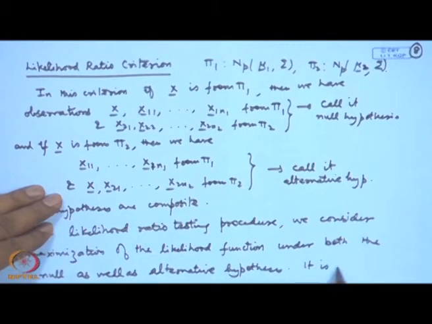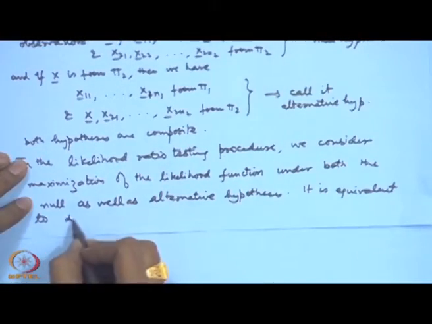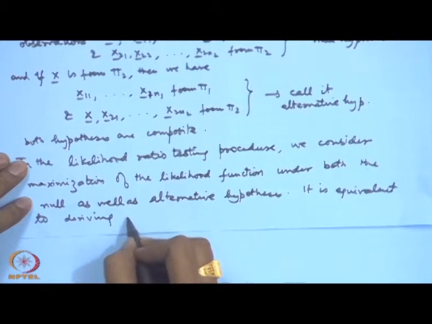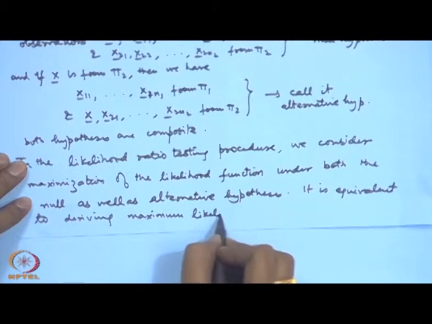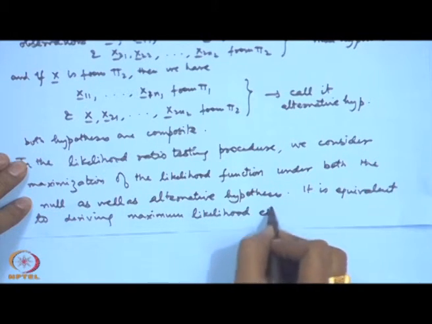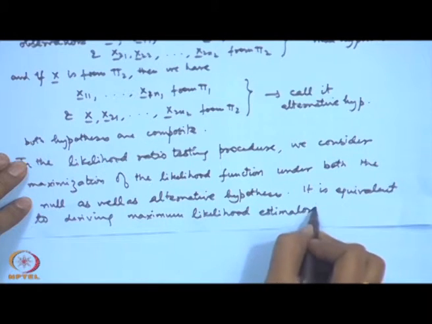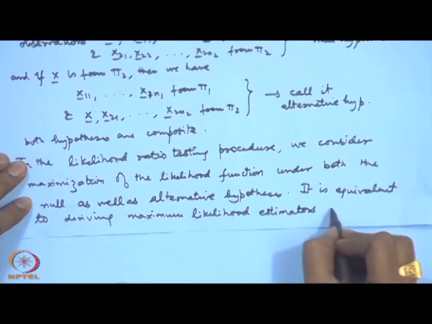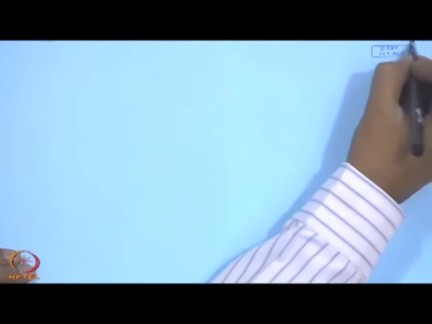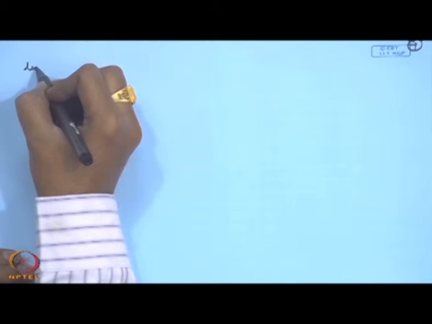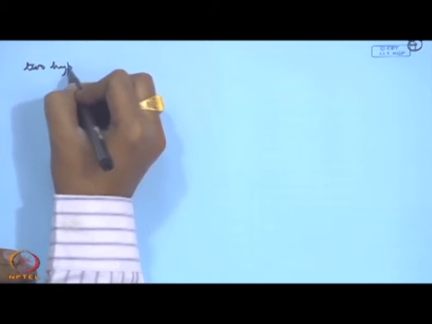It is equivalent to finding maximum likelihood estimators under the two hypotheses.